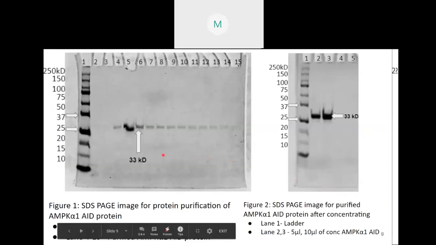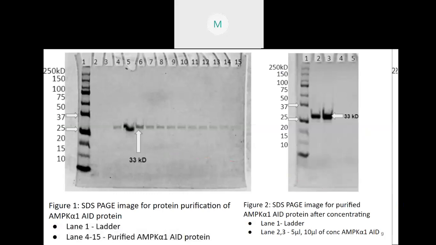In order to do BLI assays, we always need good purity of proteins. So I purified the AMPK alpha 1 AID protein, and I visualized it using a protein visualization method called gel electrophoresis. In the first lane, it shows a protein marker which gives known-size proteins, and from that we can get the idea of what the size of our protein is.